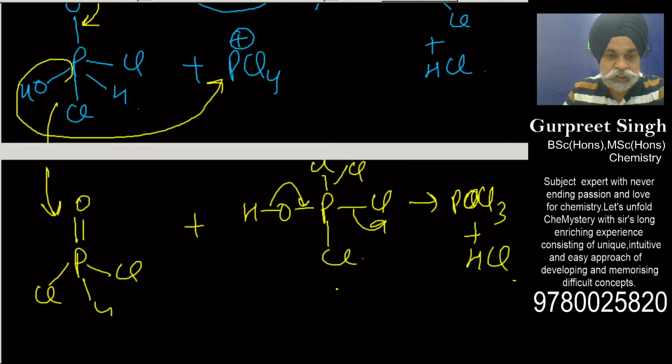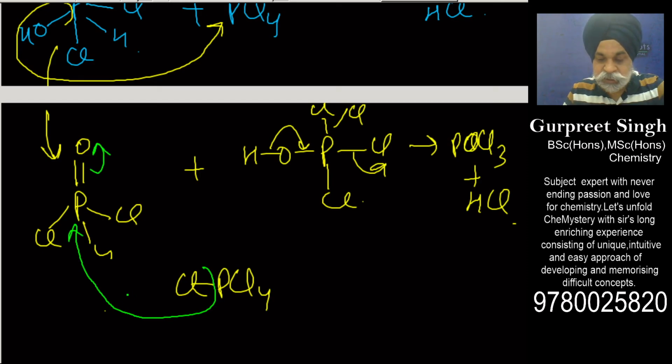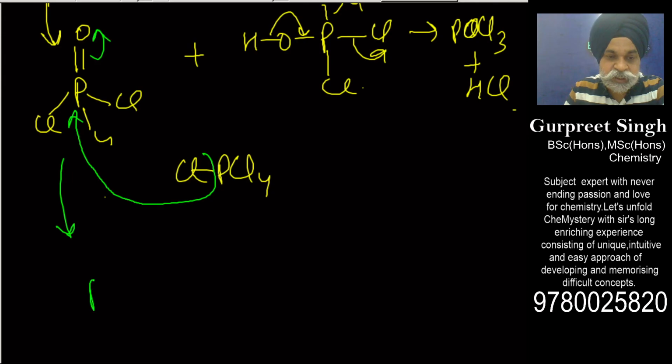Now again if I take PCl5 once again, it would attack with the Cl negative this way, this would move, and lastly what I would get, now here you have to do a little permutation combination type of thing to get the answer right. So you got attached with another Cl.